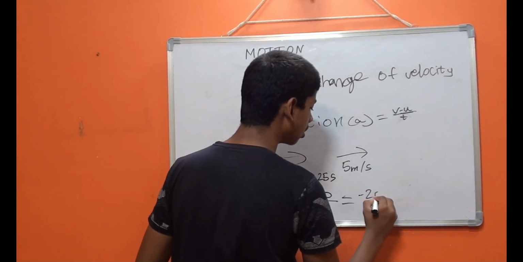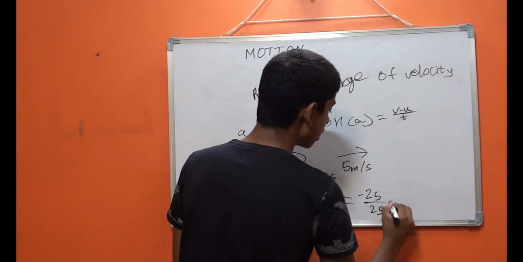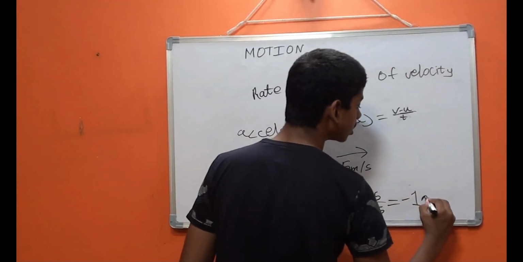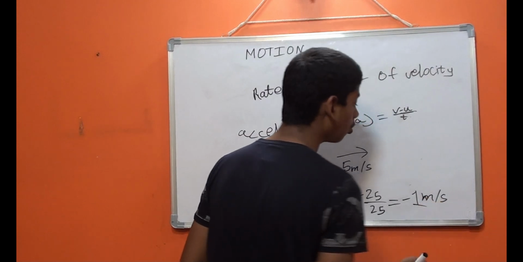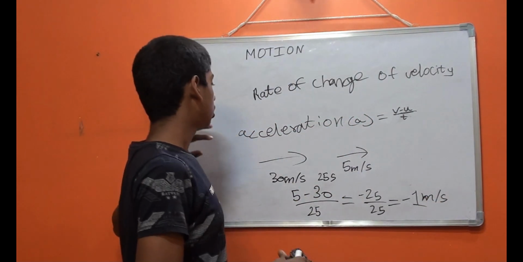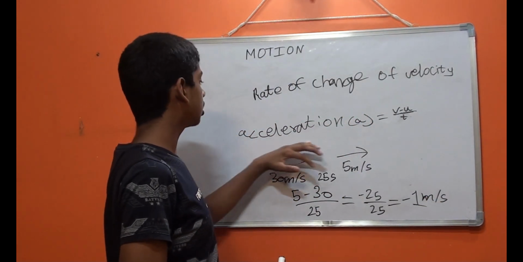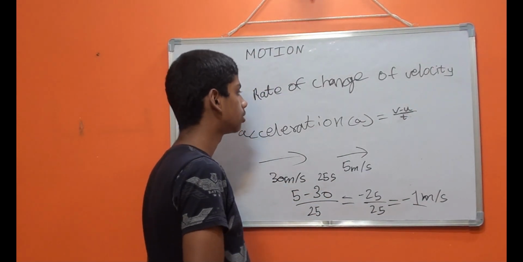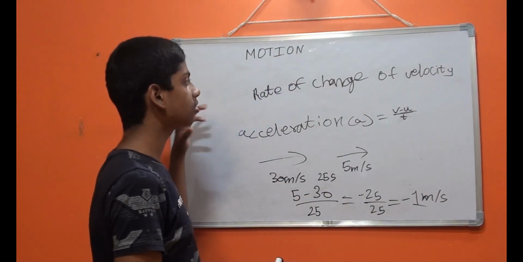We would get minus 25 by 25, which equals minus 1 meter per second squared. The velocity has reduced, so the acceleration is minus 1. This is the rate of change of velocity.